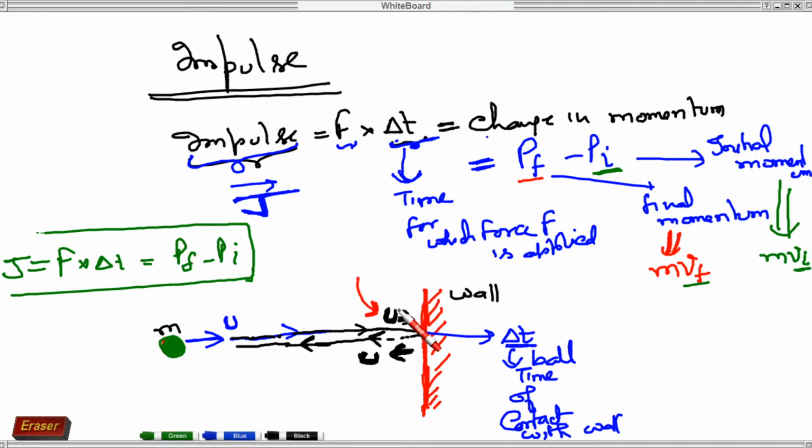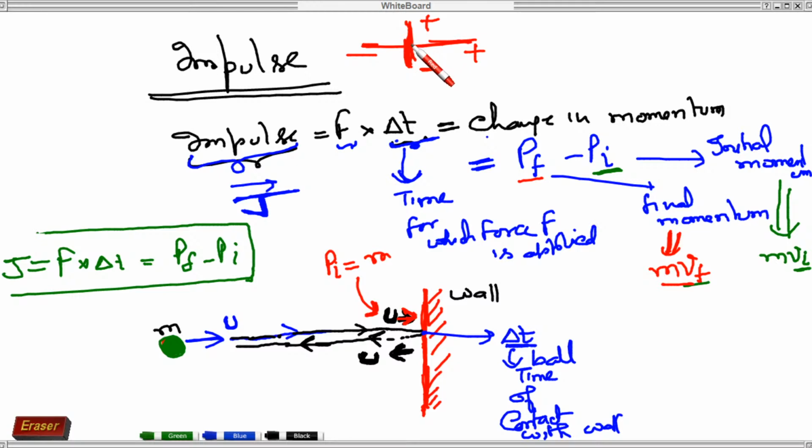When it strikes here initially, what will be the momentum? That is the initial momentum, m into vi. Here u is in this direction. We are considering this as positive, this as negative.